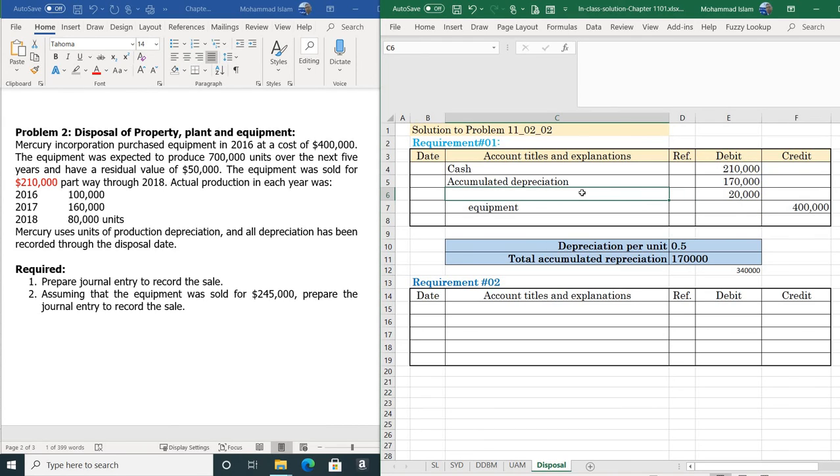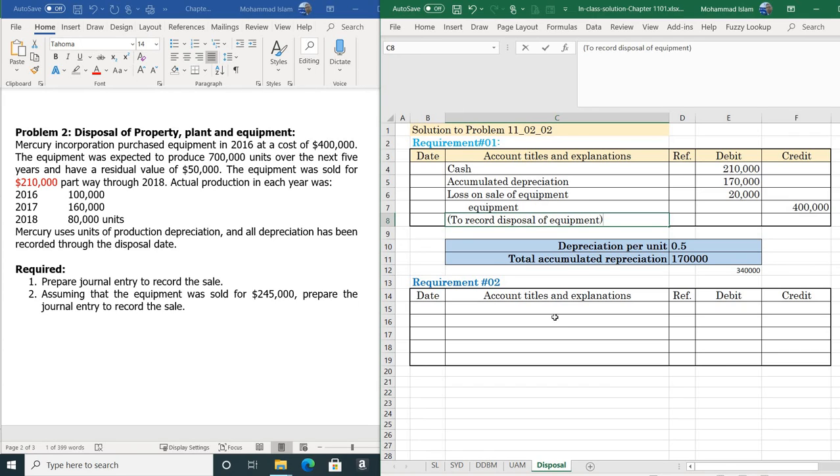So this 20,000 is the loss on sale of equipment. And the explanation should be to record disposal of equipment.